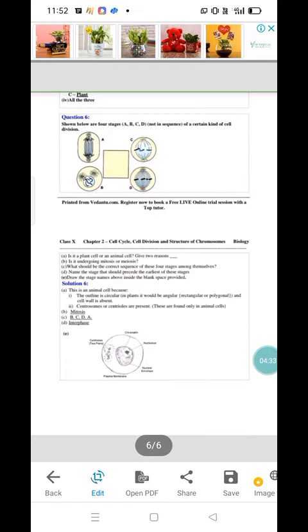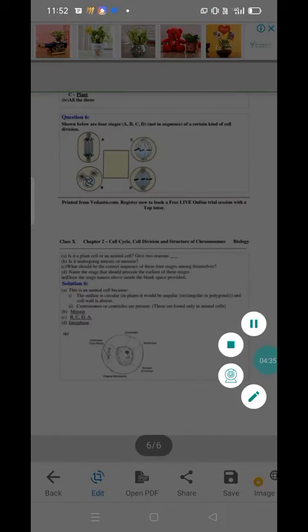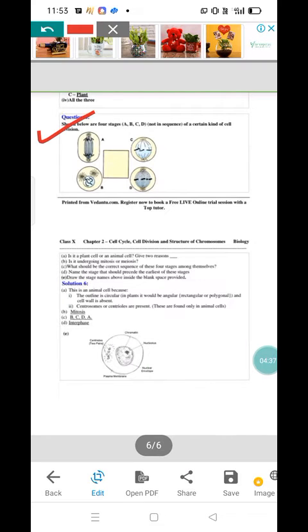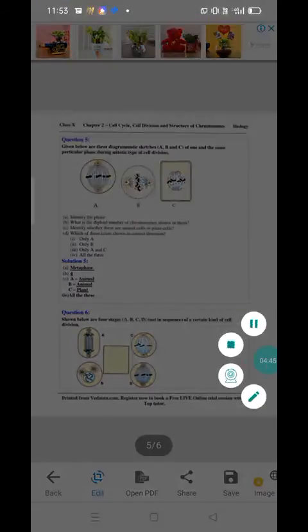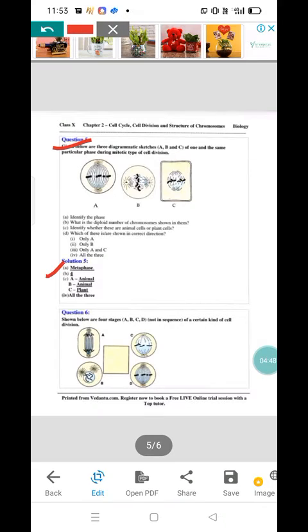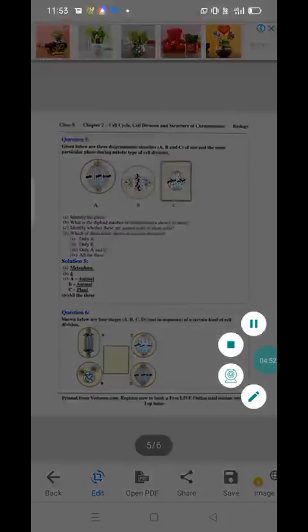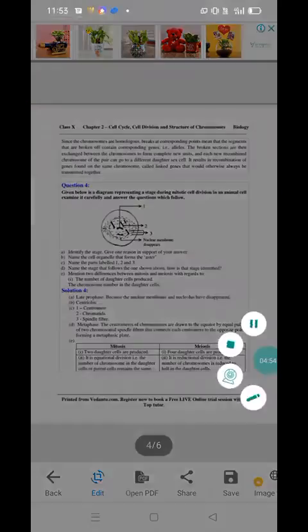I have been doing screen recording here, so here you can get all the questions of your book with the solutions accordingly. So go through it and complete the exercise in your copy.